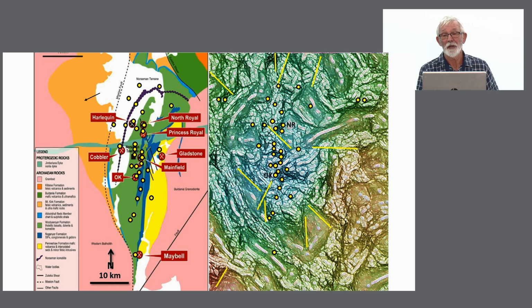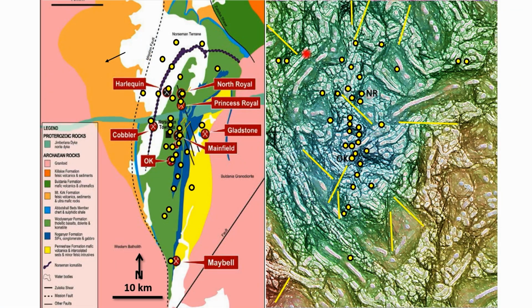And this plan actually has much more structural geology in it. And you can see the structures coming through. I've used various imaging techniques to get down to this level.